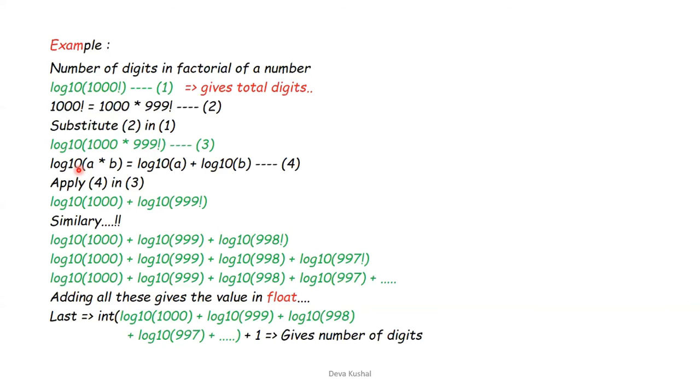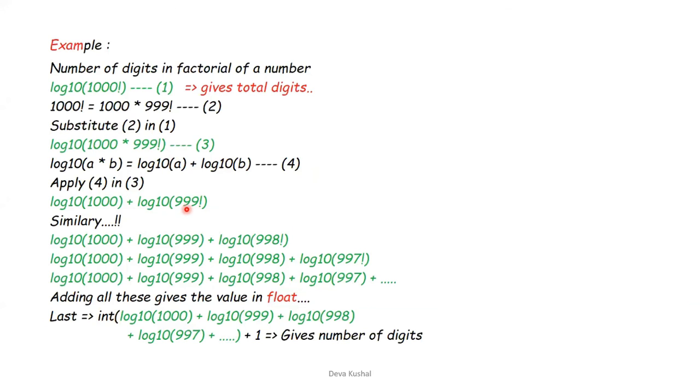As we know the basic first rule in logarithms, log ab equals log a plus log b, given base 10. This is the logic I'm trying to apply here. This fourth equation I'm substituting in equation 3. So log 10 of 1000 plus log 10 of 999 factorial.